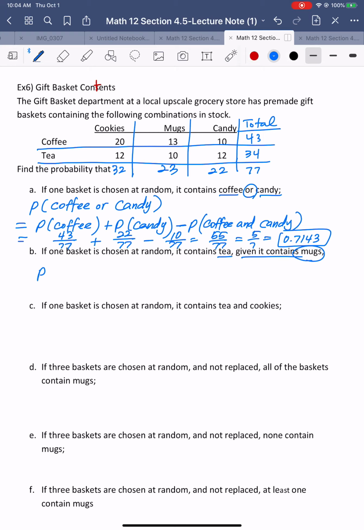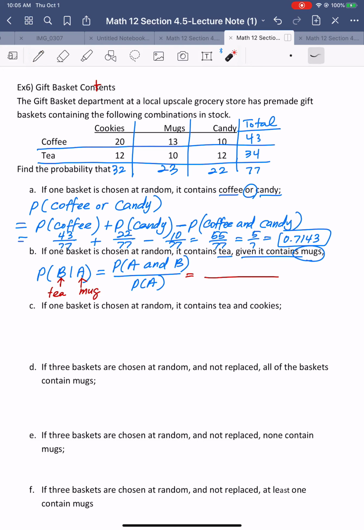To find it, you need P of A and B over P of A. This time, B is tea and A is mug. So P of A and B is tea and mug, which is 10 over 77, and the mug is 23 over 77.